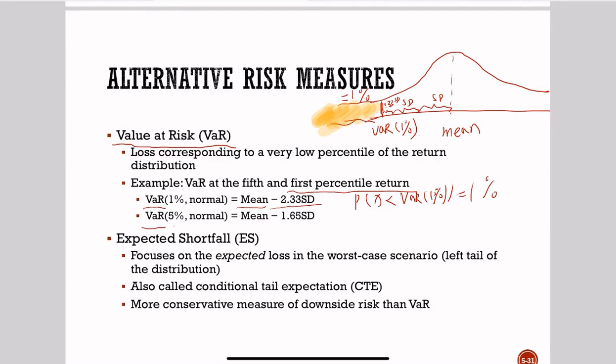Okay, the second related definition is called expected shortfall. It is the expected loss in the worst case scenario. It is also called conditional tail expectation, and it is a more conservative measure of downside risk compared with VaR. So what is the expected shortfall? Well, let me continue to use this picture. Let's say this 1% value at risk is minus 50%. I'm just writing down a random number here.